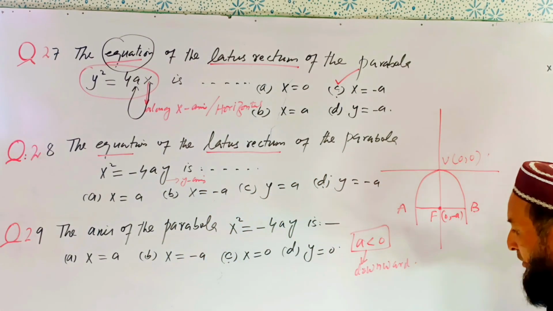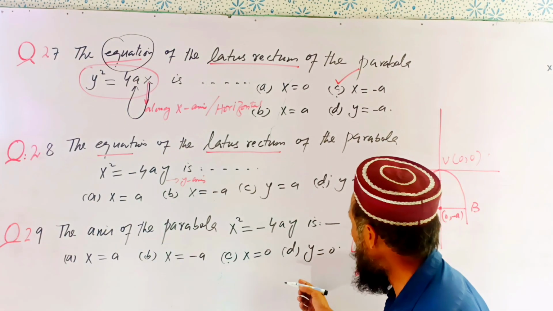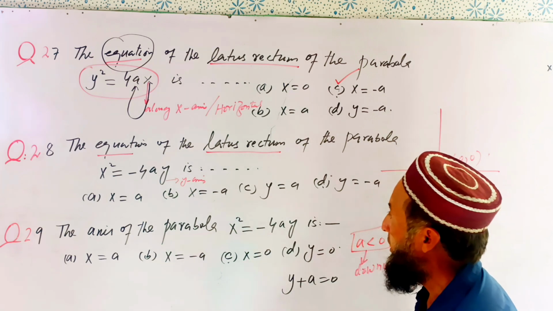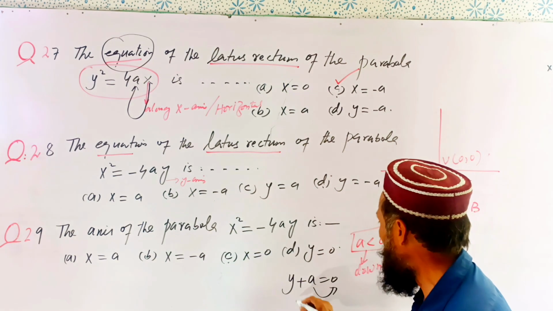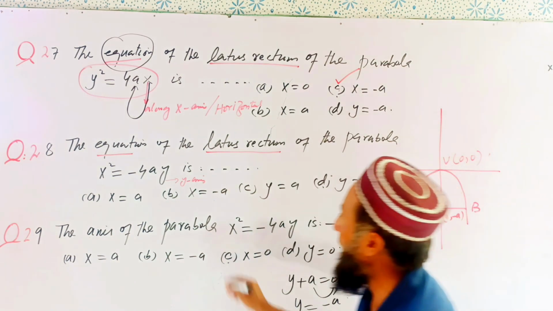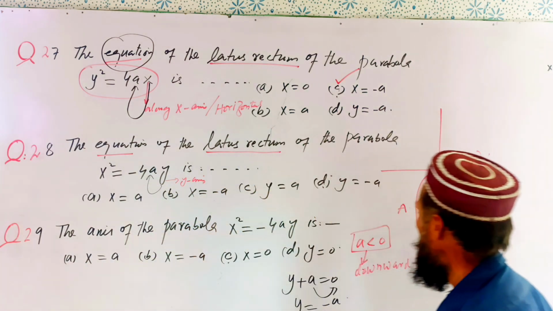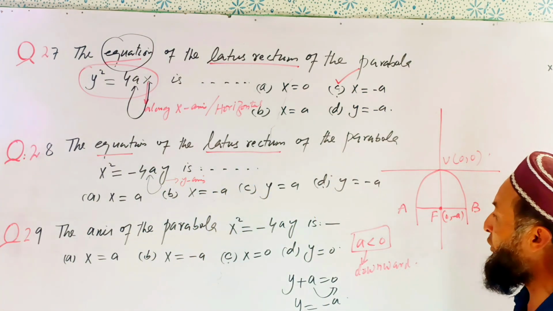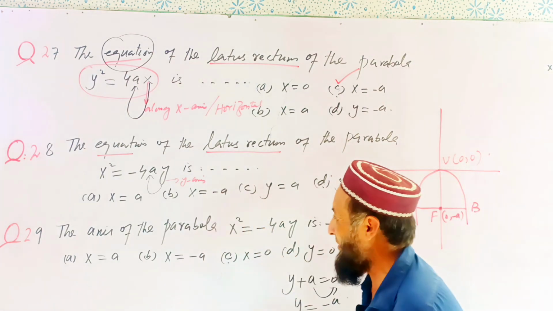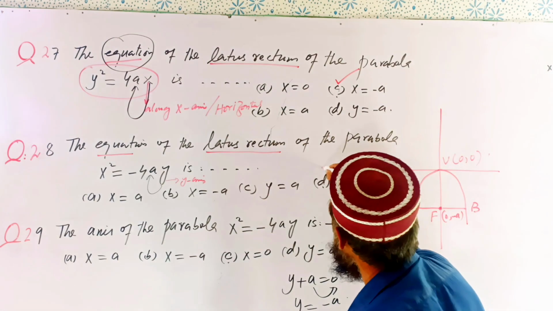If we make the equation, we can write y plus a is equal to 0. So we get y is equal to minus a. This is called the equation of the latus rectum along the y-axis. So check the options, option D is the correct option.